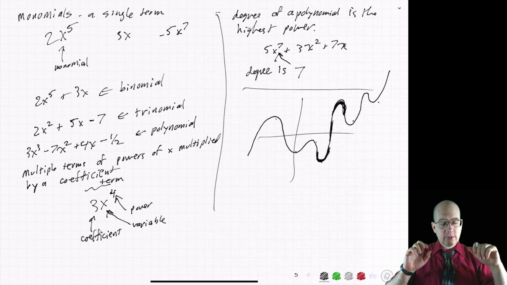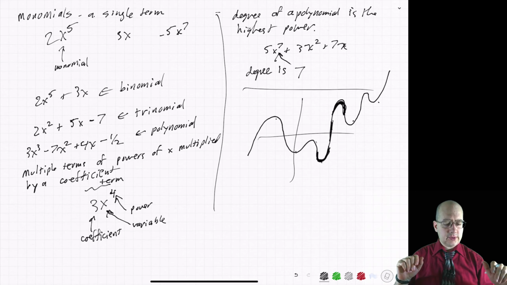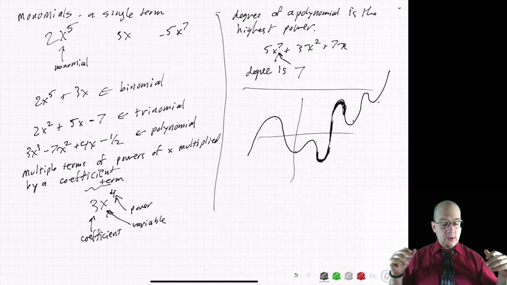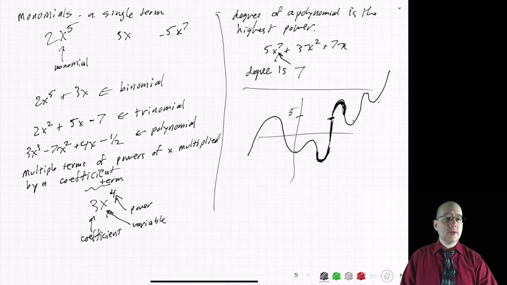And so we care about that. Later on in life, we care about the inflection points. And then you might want to find the roots, but you can also want to find out where the polynomial is 5. It's the same process as finding the roots. Those are the kinds of questions.